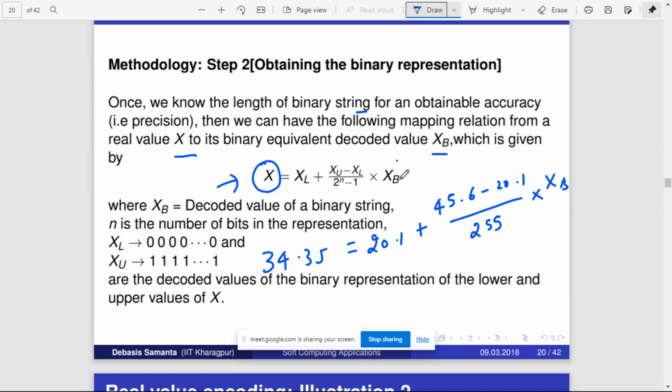We will get xb in decimal form only, but after that you have to convert it to binary. N is the number of bits in the representation. Here n represents how many bits xb can be specified with.